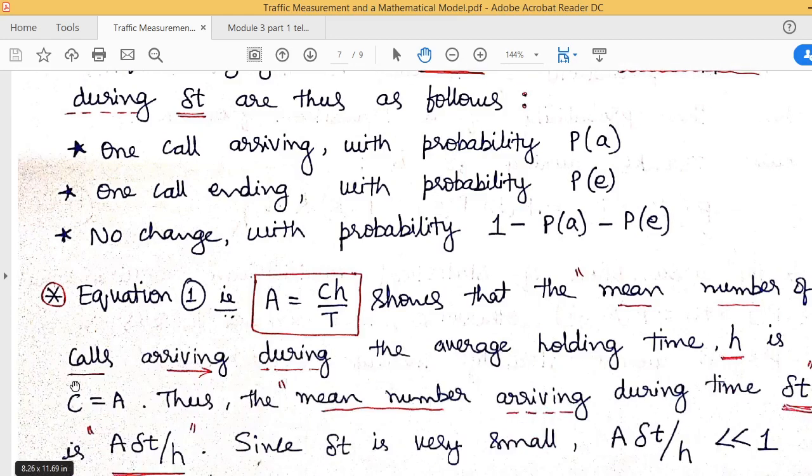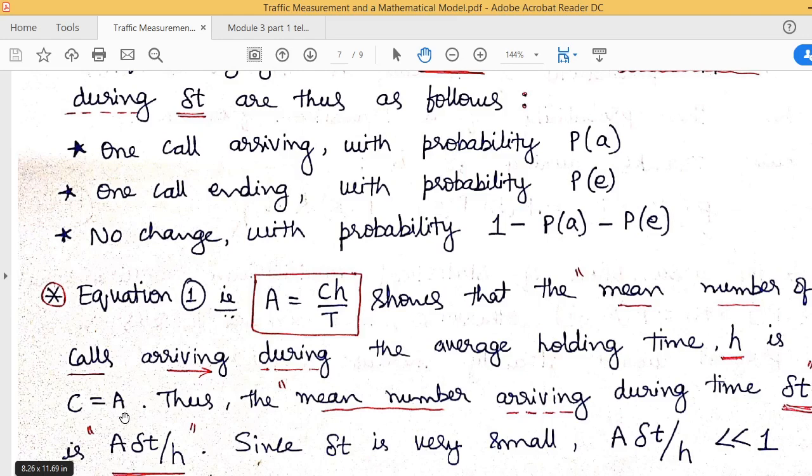So as we know, the traffic carried by a system is given as A equals CH by T. By this equation, it is clearly known for us the mean number of calls arriving during the average holding time H. If I make this T as H, then the number of calls arriving becomes equal to the traffic carried by the system.